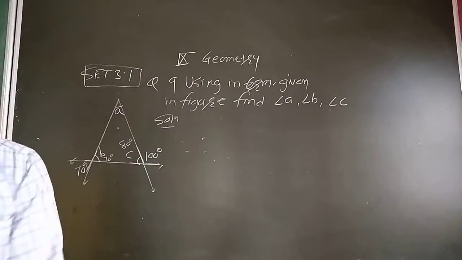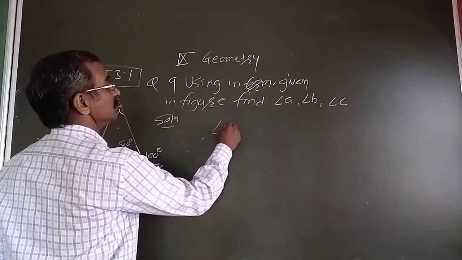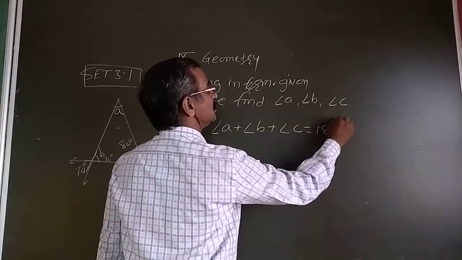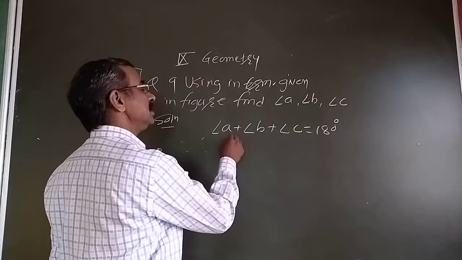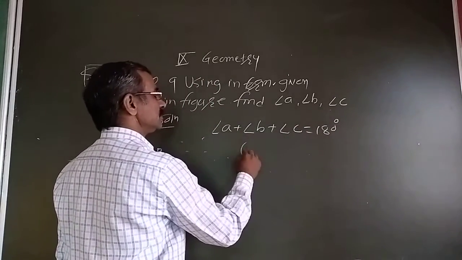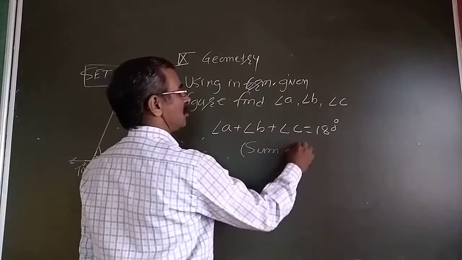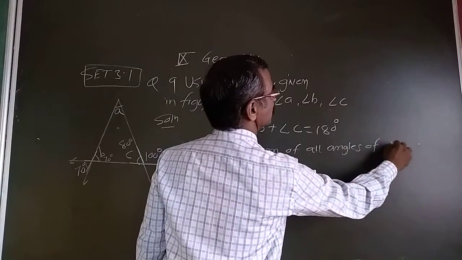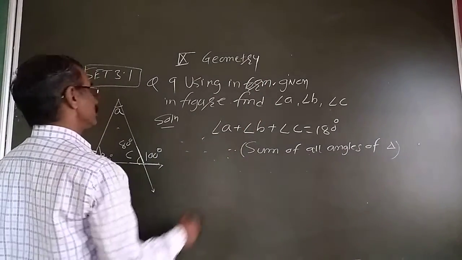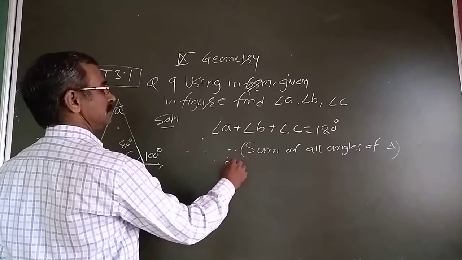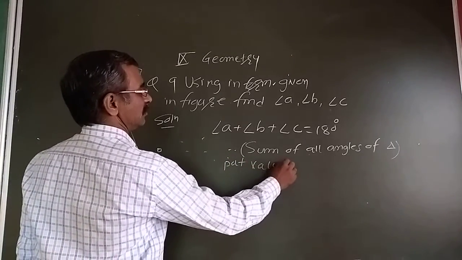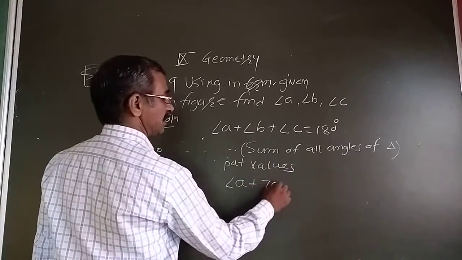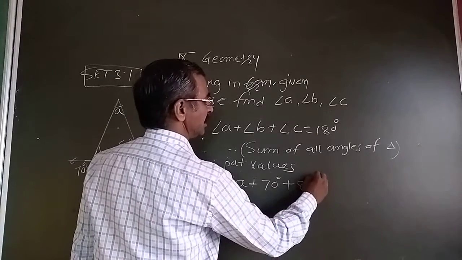To find the third angle A, we use the fact that the sum of all angles of a triangle is equal to 180 degree. So angle A plus B plus C is equal to 180 degree. That is the reason. So by putting the values of B and C, angle B is 70 degree and angle C is 80 degree.